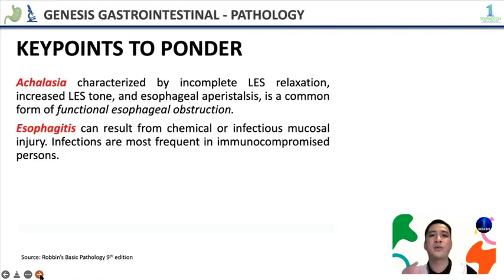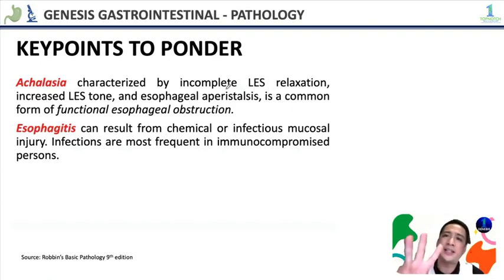All right. So, key points to ponder, lifted from Robbins. Achalasia is characterized by 3: incomplete LES relaxation, aperistalsis, and increased LES tone. Esophagitis can result from chemical or infectious causes. Infectious, we have discussed earlier: HSV, CMV, Candida albicans. Yes, you're correct.